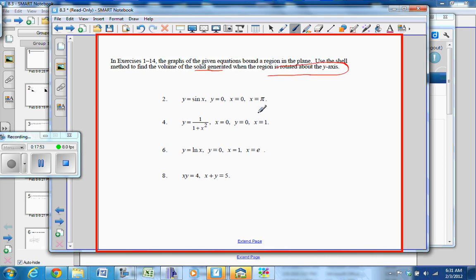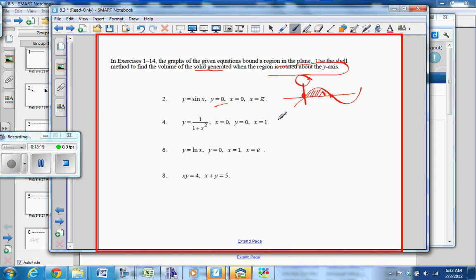So let's look at the first one. Sine of x looks like that, and it's enclosed by sine of x, y equals 0, x equals 0, and x equals pi. So we're rotating that region around the y-axis.